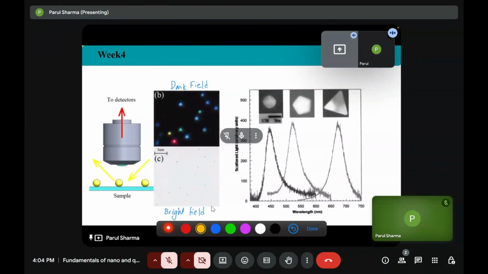In the bright field, we are not able to see the color clearly, or we can only observe the nanoparticles, but in the dark field, where we are observing only the scattering from the nanoparticles, we can see the different colors of the nanoparticles. You can see red, yellow, green, blue. So first of all, these are clearly visible. These colors are different because of different sizes of the nanoparticles.